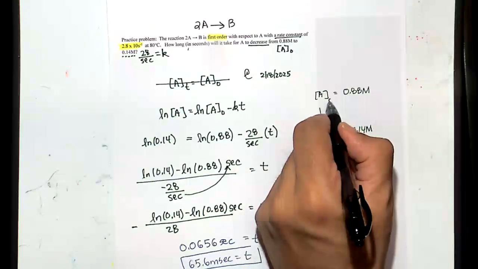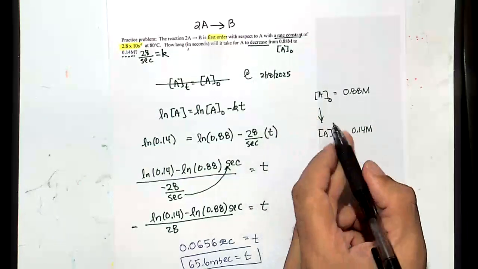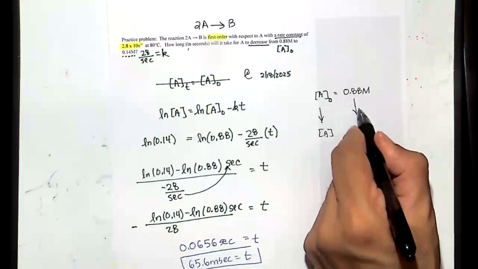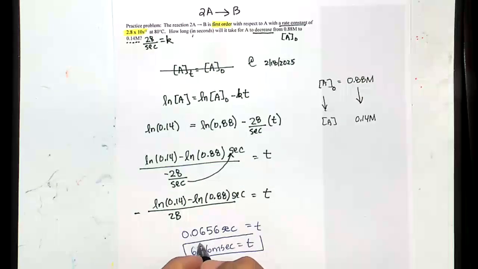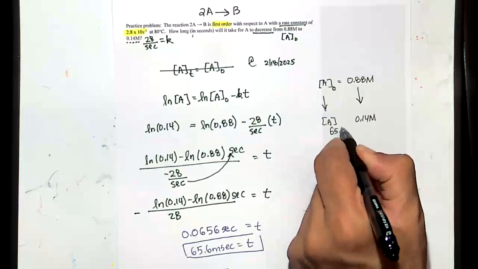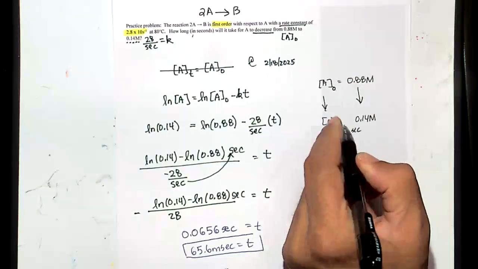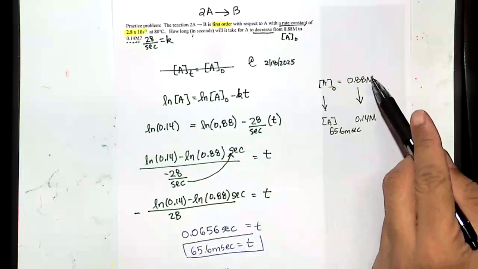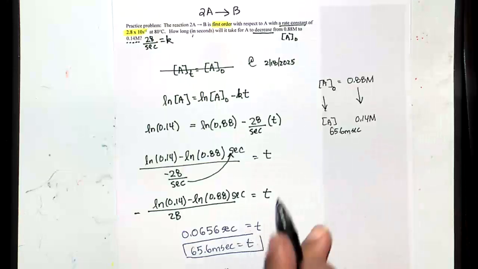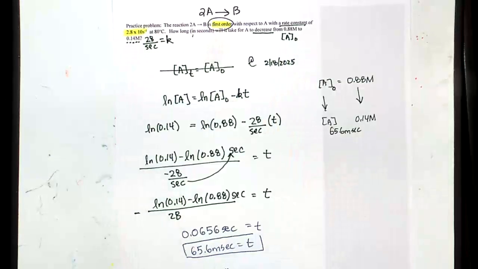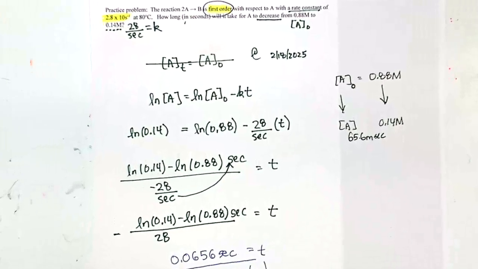How long does it take initially, and how long does it take to go to 0.14? 0.0656 seconds, or 65.6 milliseconds. After 65.6 milliseconds, this will decay from 0.88 starting to 0.14. This is according to first order kinetics.